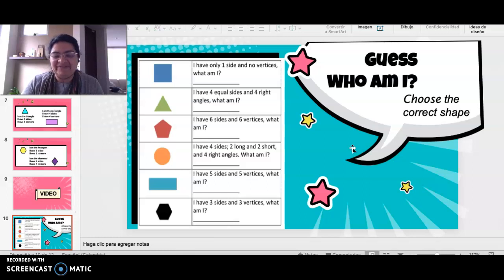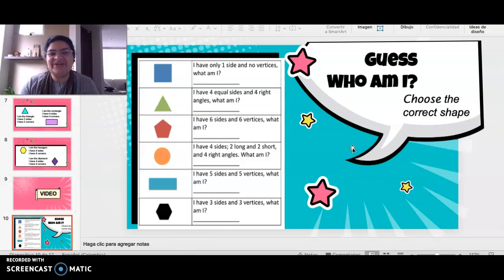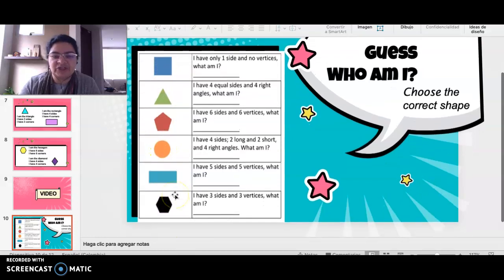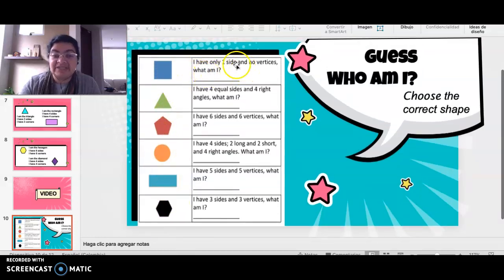Now that you have already seen the video, we are going to guess and choose the correct shape. You have to tell me which shape corresponds to this definition. Look, this question is for all of you.